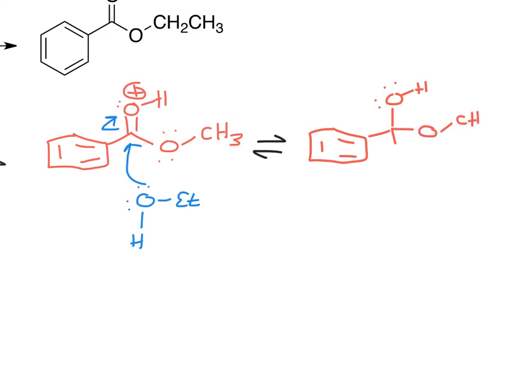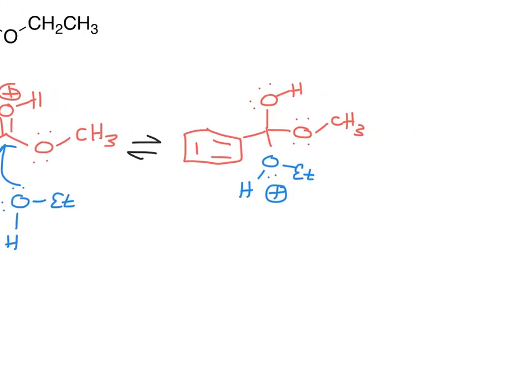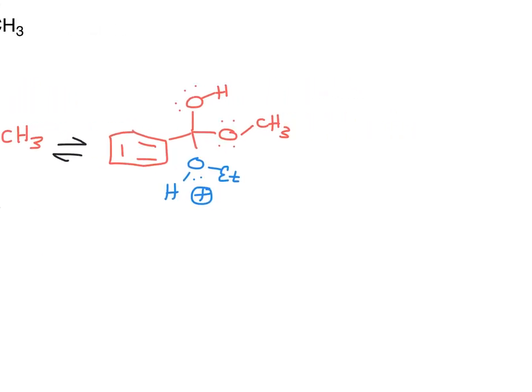O-methyl. Gives us this cation. And we're going to do a proton transfer here. Now, the interesting thing about this is what's going to be protonated and deprotonated. Well, we know what's going to be deprotonated, right? This is going to be deprotonated. In this case, though, this piece is actually going to be protonated. The oxygen of our other OR group.